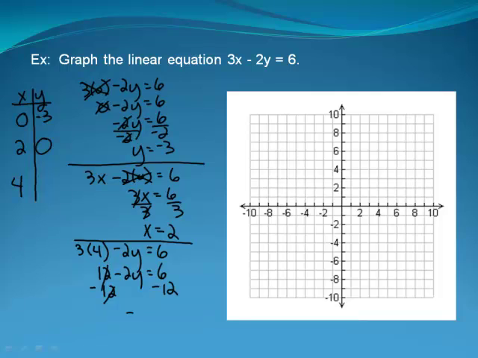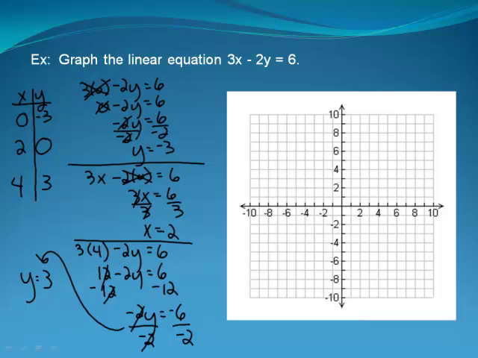And I see that negative 2y is equal to 6 minus 12, which is negative 6. Divide both sides by negative 2. And if I bring that answer up here, we've got y on the left-hand side. Right-hand side, negative 6 divided by negative 2 is a positive 3. So I find when x is 4, y is 3.